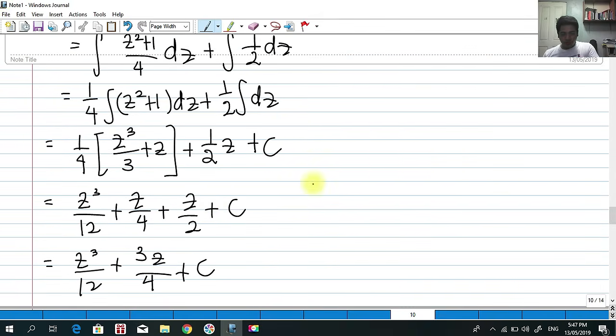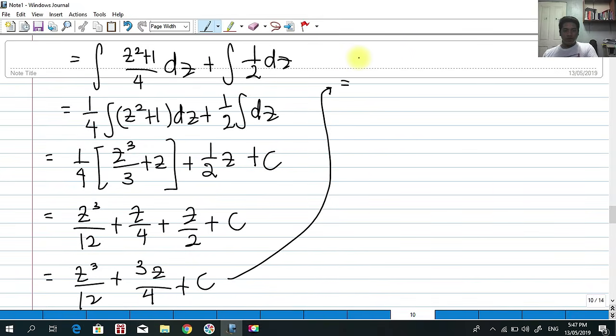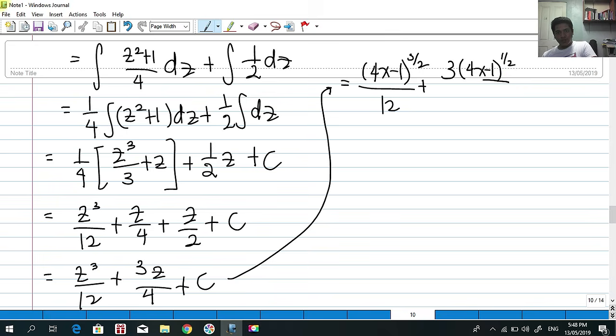Now back substitution. So we have now z is equal to the square root of 4x minus 1. So we have now (4x minus 1), and since that is a square root, we have to include the 3 halves power, so it's raised to 3 halves over 12, plus 3 times (4x minus 1) raised to 1/2 because of its square root, over 4, plus c.